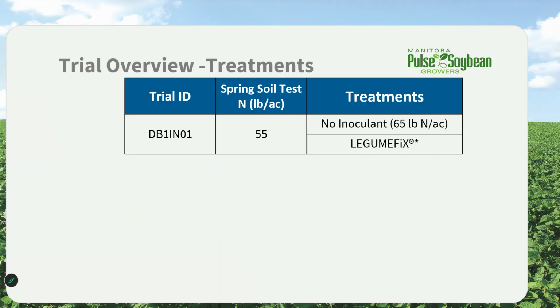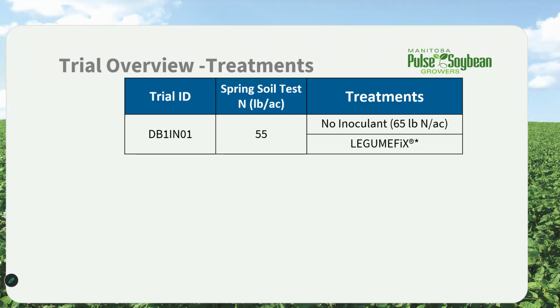So we tested no inoculant with inoculant, but an important part of nitrogen fixation is how much nitrogen there is in the soil already. And generally, with nitrogen above 35 to 65 pounds per acre, nodulation and effective nitrogen fixation is inhibited.